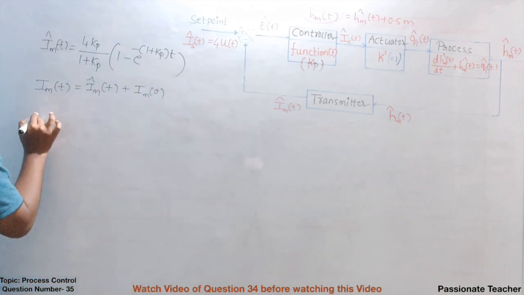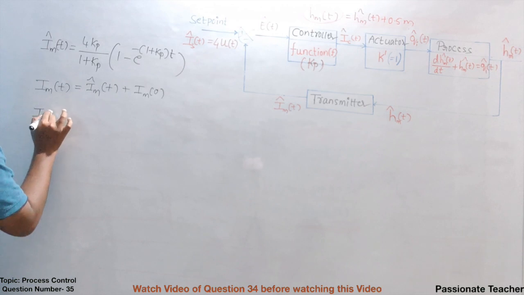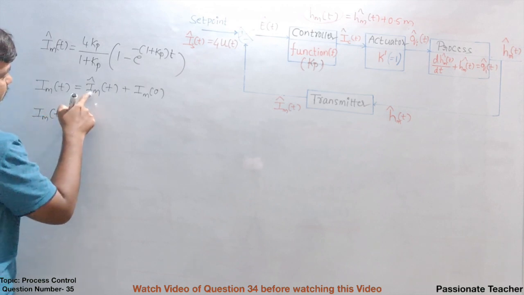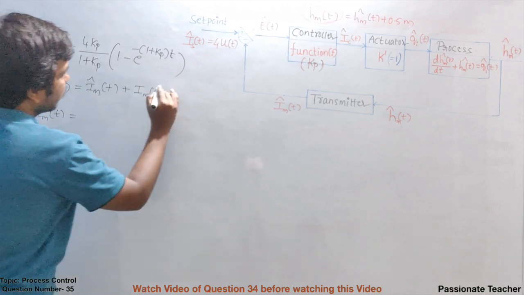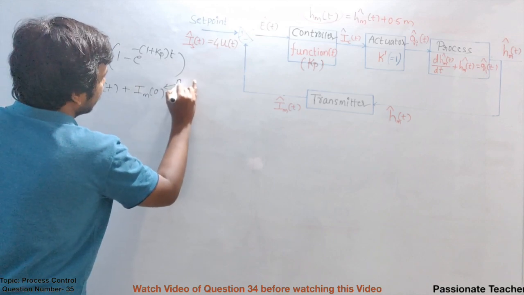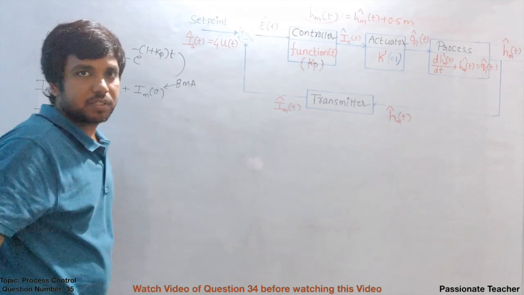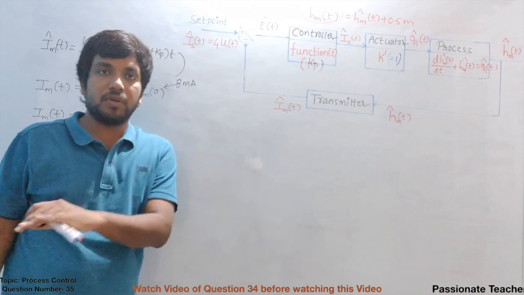So if you slowly understand this, Im cap of t is this, and we know this initial value is 8 milliampere, which we already discussed earlier and in the previous video also.